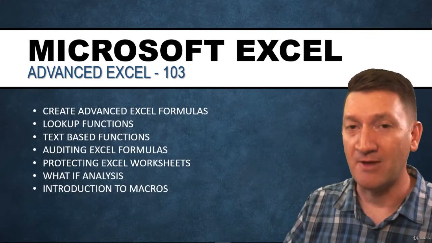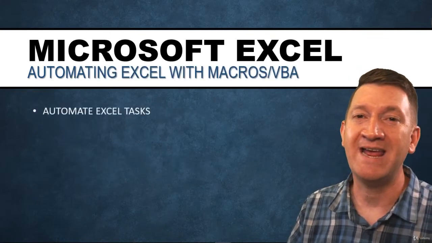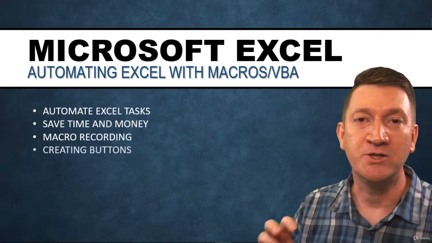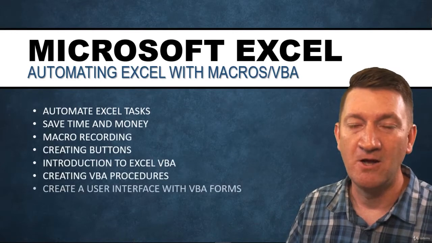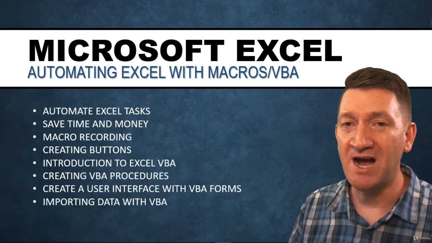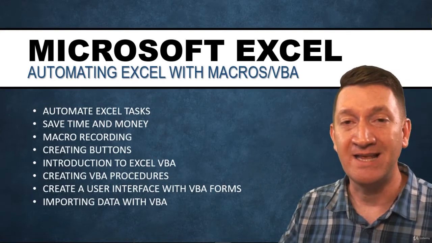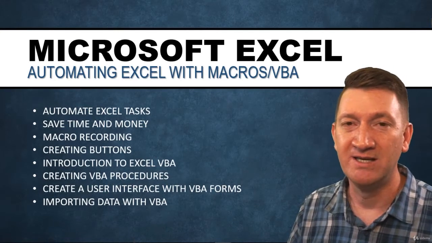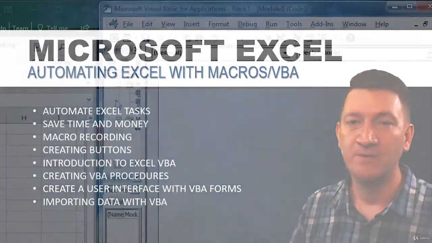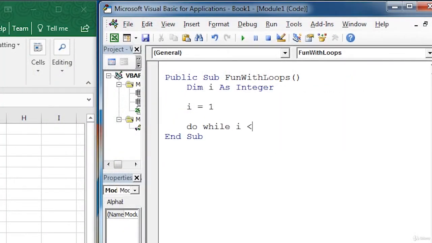Now, the final section, we're going to take macros and VBA to many new levels here. Ultimately, to save you time and automate tasks that you do inside the Excel application, save you time and money. We'll talk about macro recording. We'll get into creating buttons to run automation.